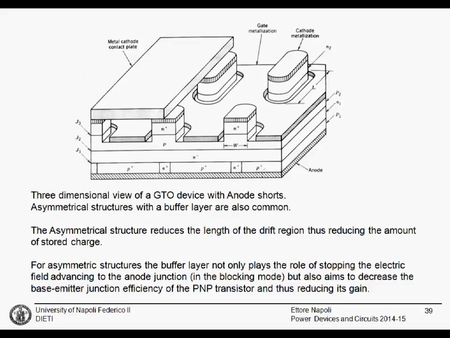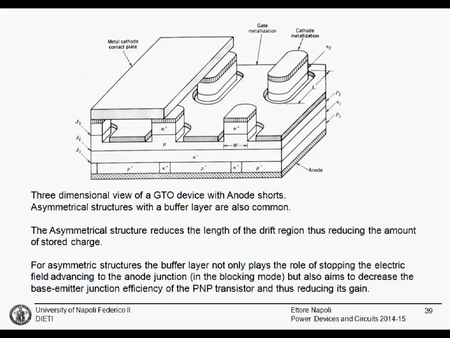If you have an asymmetrical structure, the things change, because the structure will be shorter. Let's say up to here, you will have the anode contact here, then the cathode contact is more or less the same.